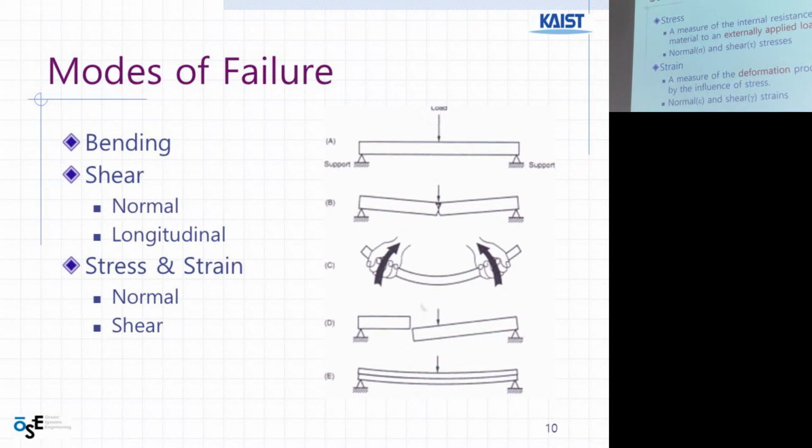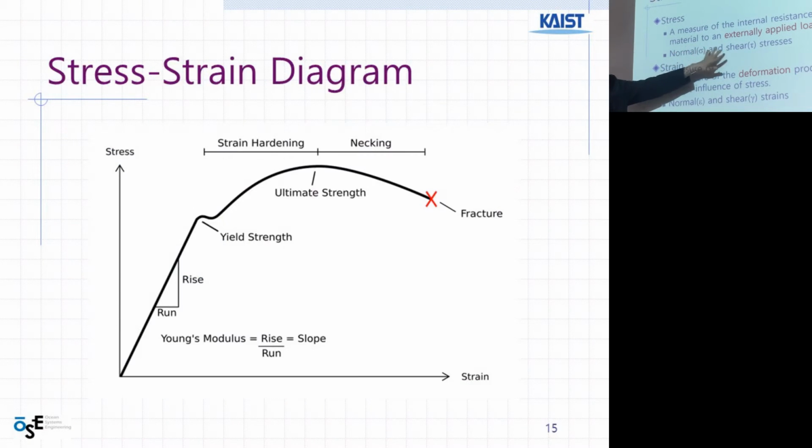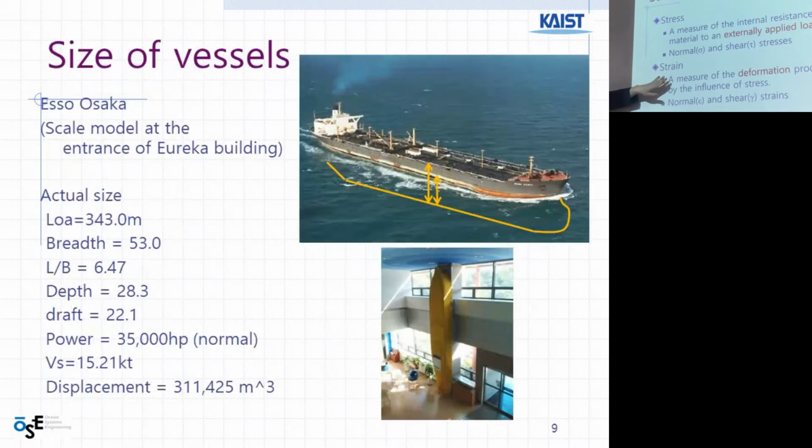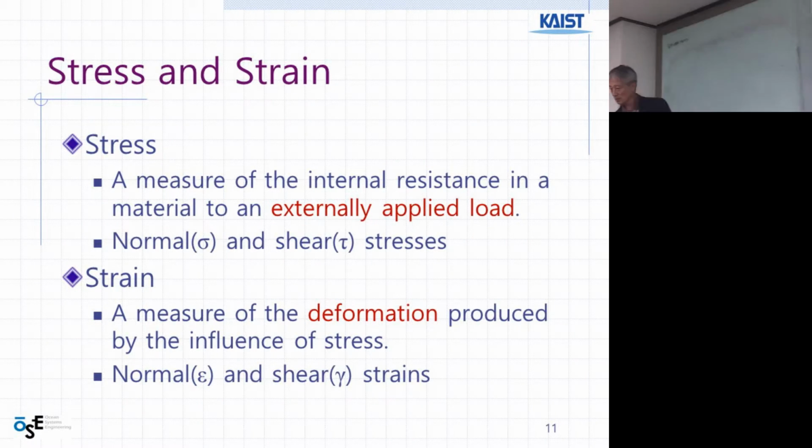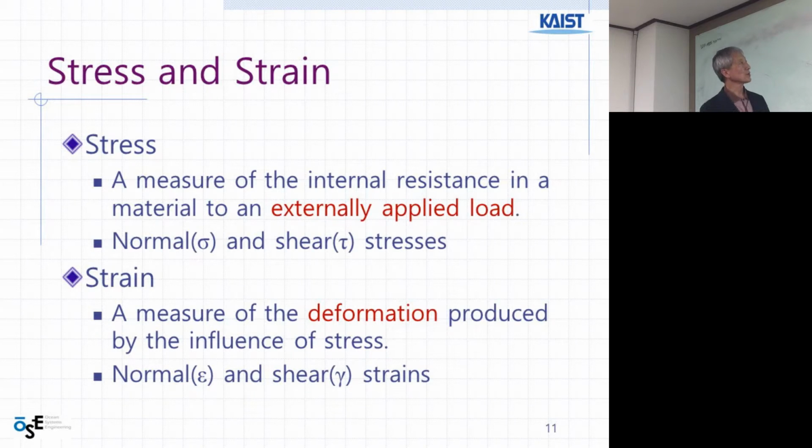Stress and strain. Remember this? Stress is a measure of internal resistance in a material to an externally applied load, the normal stress and shear stress, and strain is a measure of deformation. So the normal strain is epsilon and the shear strain is gamma or something.